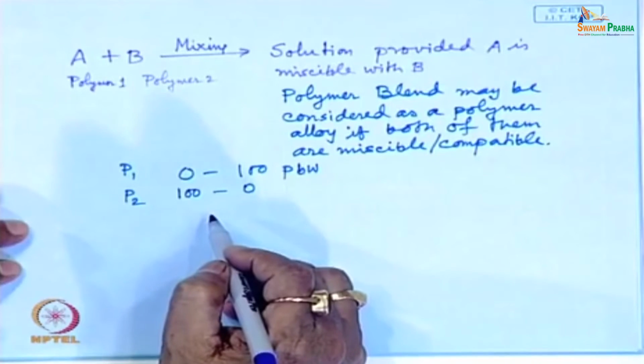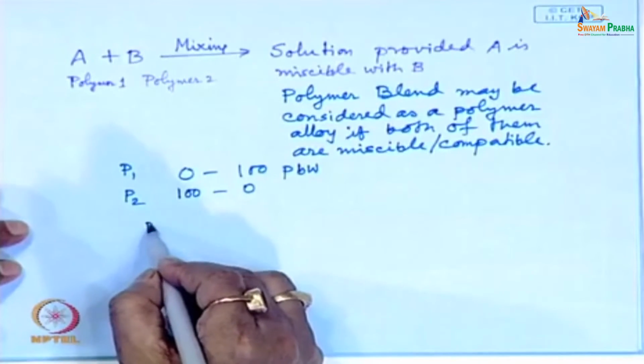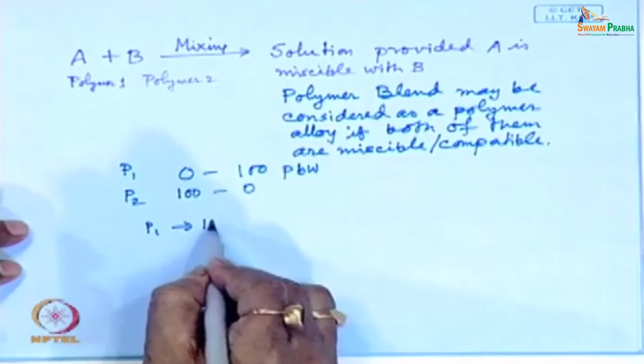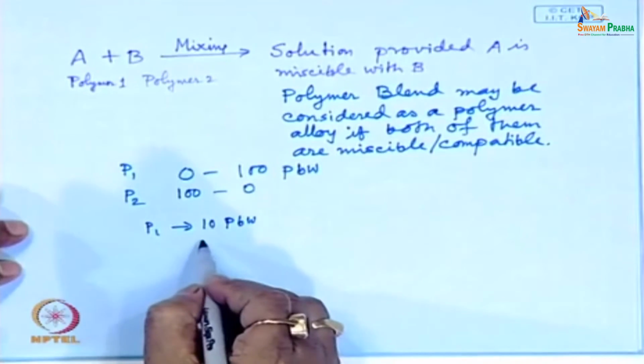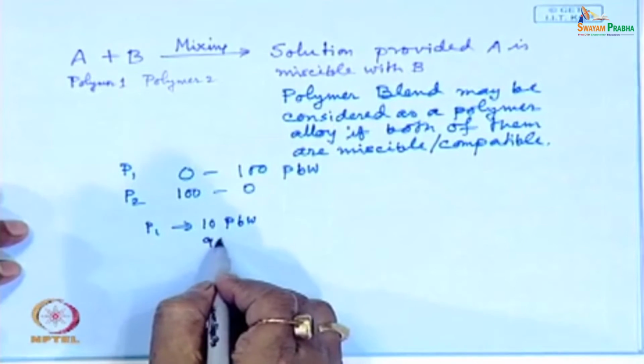But it can so happen that one polymer can be miscible with another polymer up to a certain specified composition. Say suppose P1 up to 10 parts by weight can be miscible with P2 with 90 parts by weight.